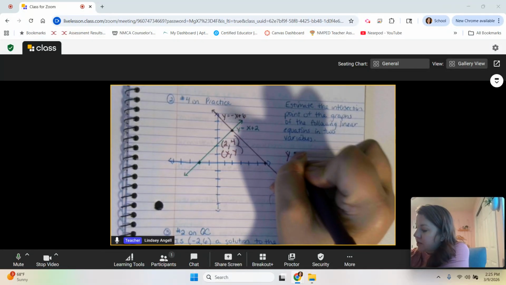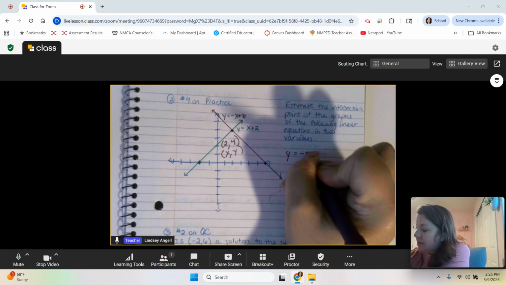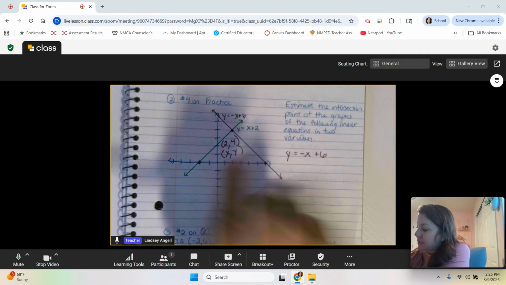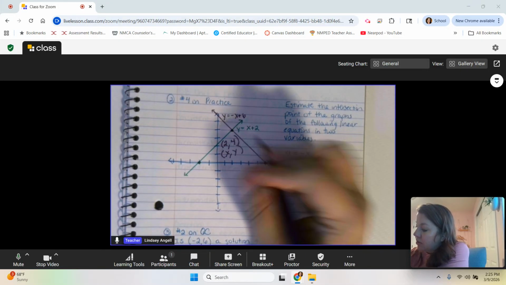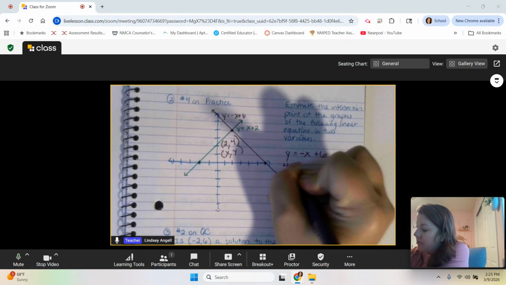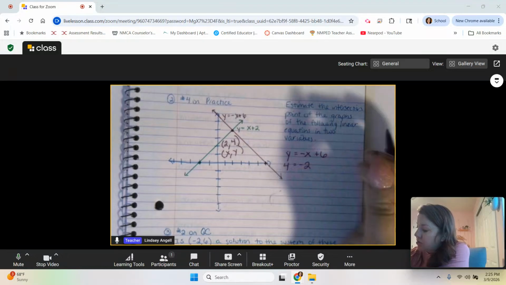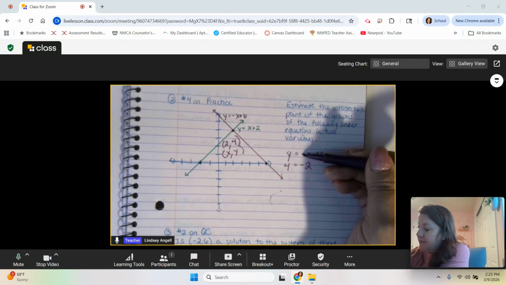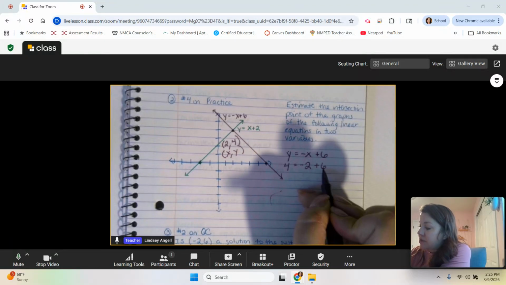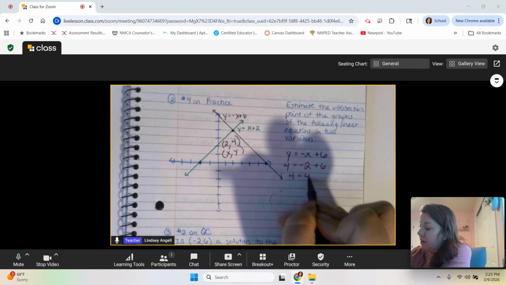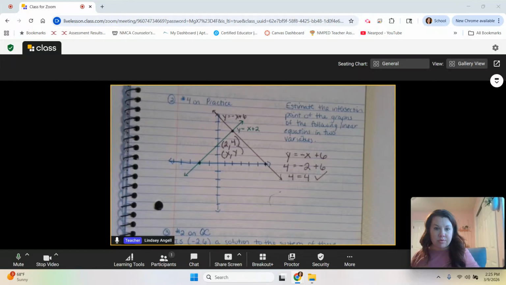So that first equation, we've got y equals negative x plus 6. Well, we've got 4 as our y value, and then 2 as our x value, but it says that it should be negative x, plus 6. Well, negative 2 plus 6 is positive 4, so that one checks out.